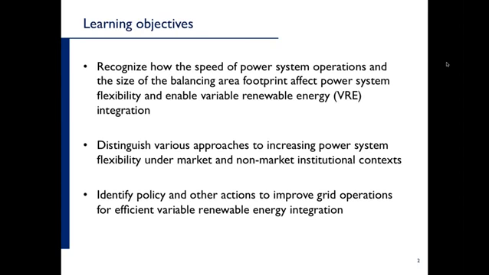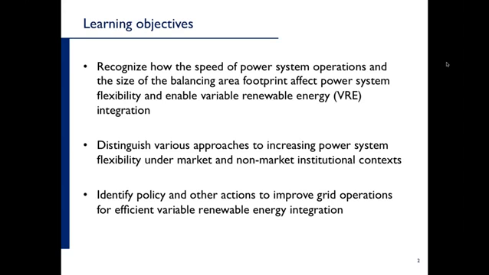The VRE, variable renewable energy, we typically are talking about wind and solar energy, both sources that clearly are driven by the weather. And we want to take a look at how the speed of operations, in particular the economic dispatch function, and the size of the electrical balancing region can help with the efficient integration of variable renewable energy.